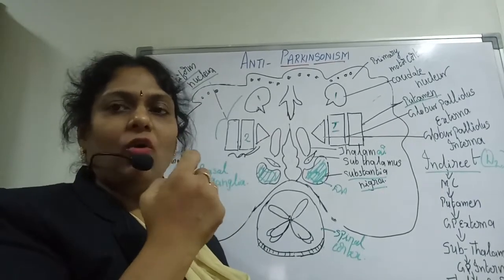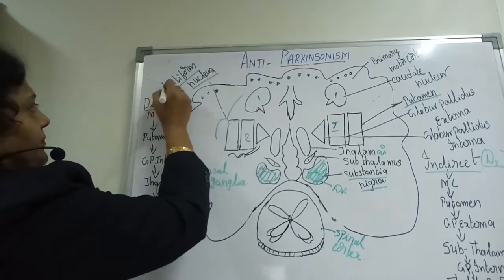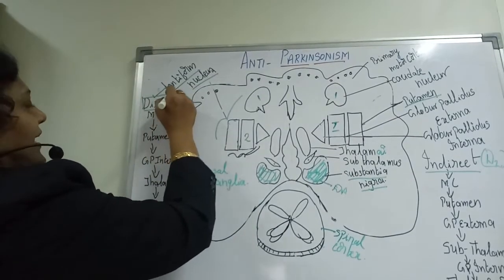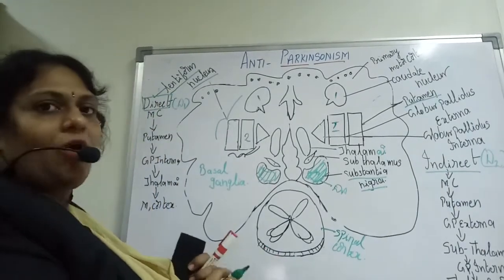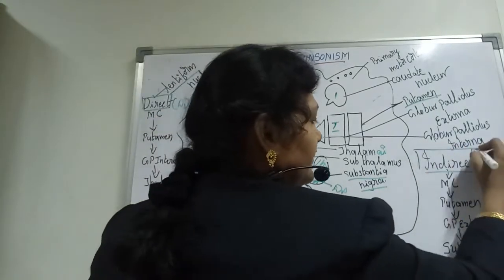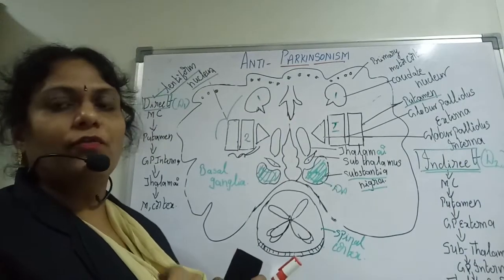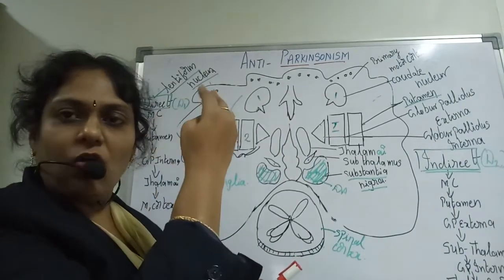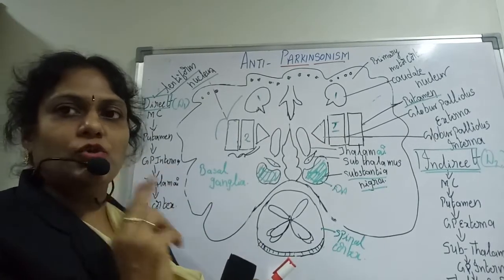One pathway is called the direct pathway, which I have indicated over here. You can see the direct pathway, and you have another pathway which is called the indirect pathway, I am indicating over here. So the transmission of neurotransmitter from the cortex area once again to the cortex area is done by two pathways.